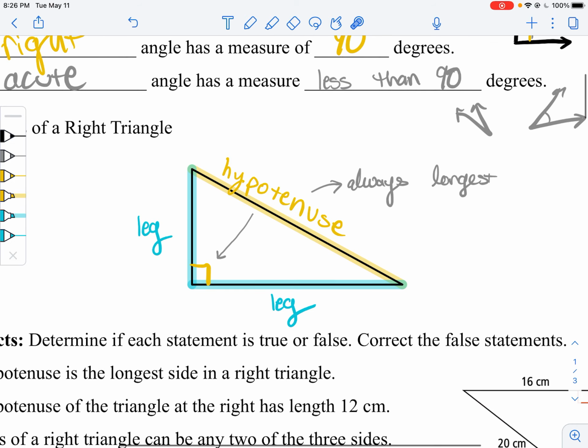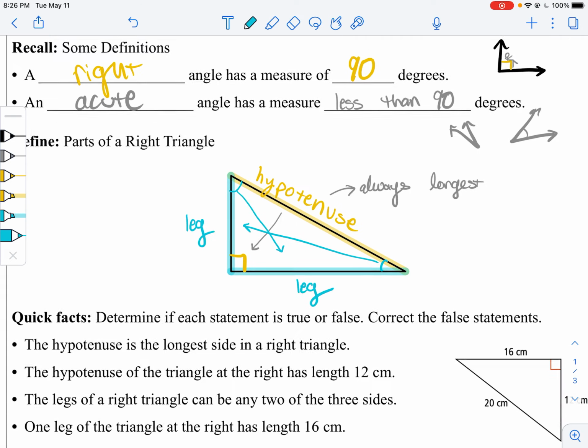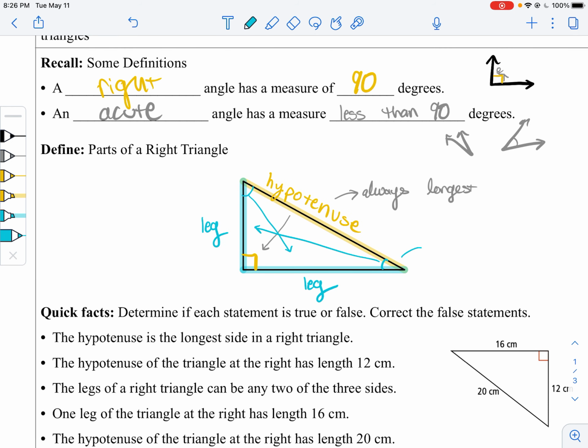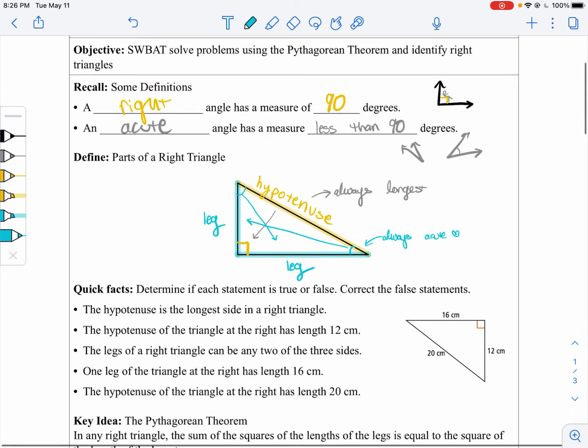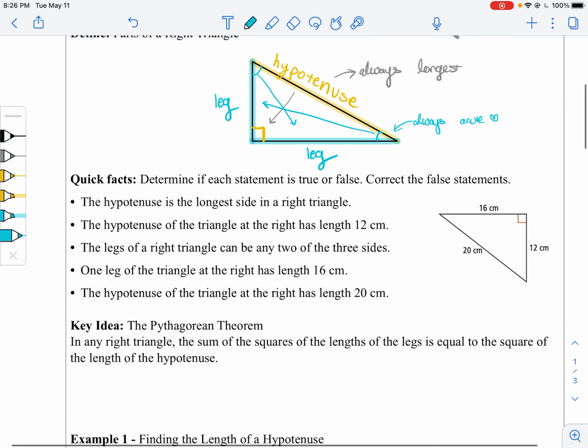If you want to know why, ask me in class. And then the legs are also always opposite acute angles. So those guys are always acute. Aww, so cute. So look at this triangle and see what we can say.